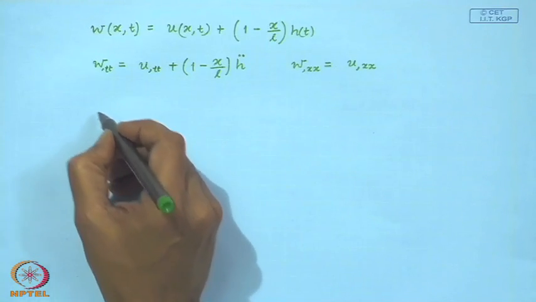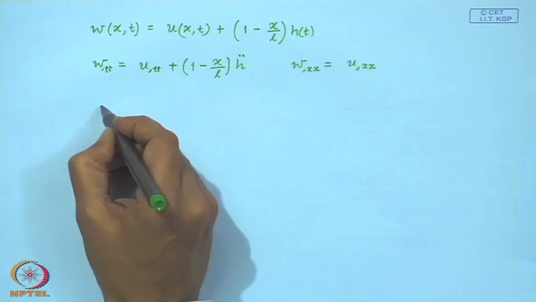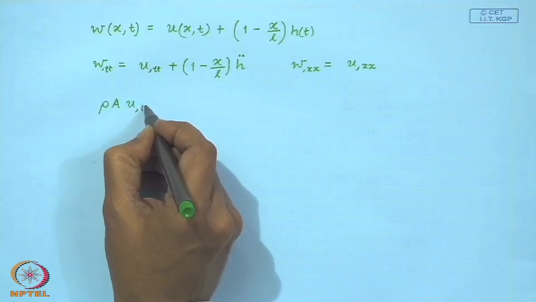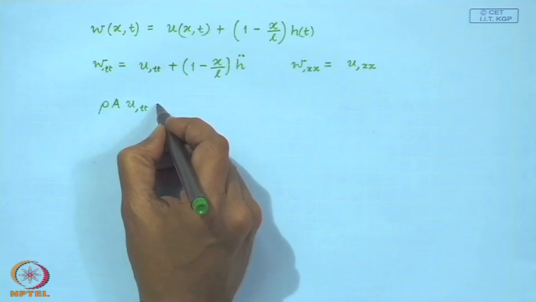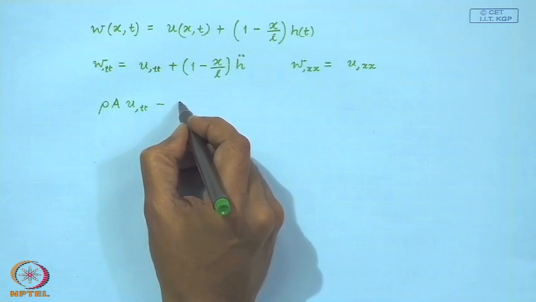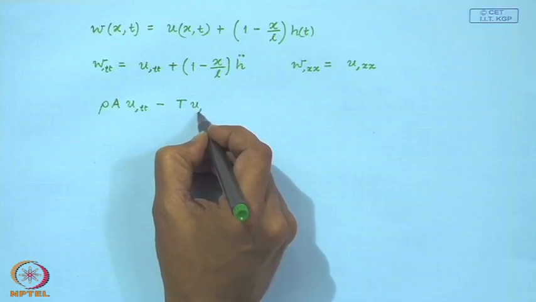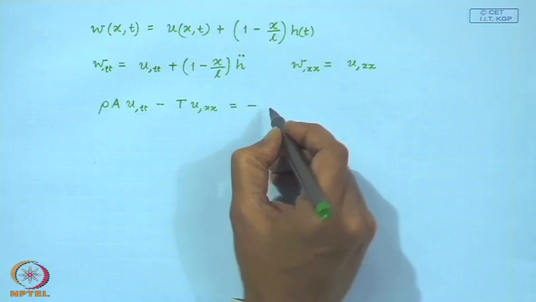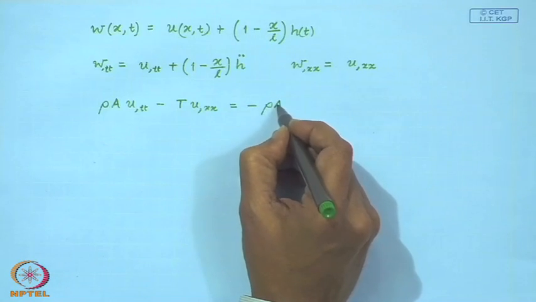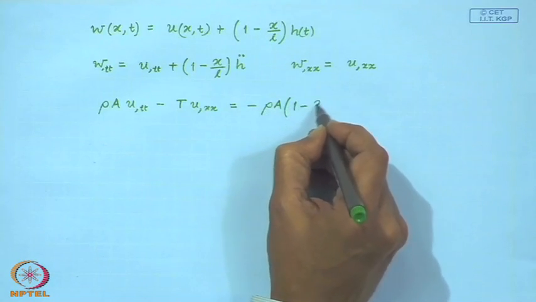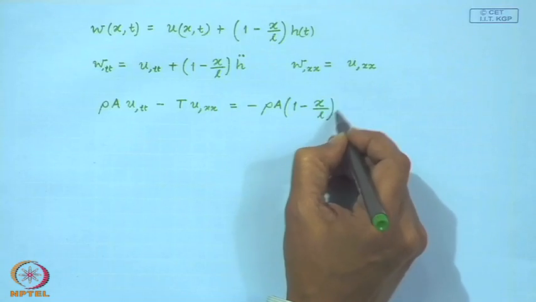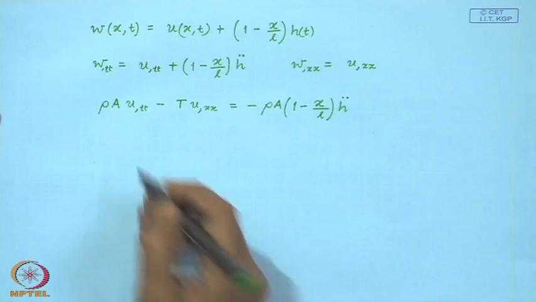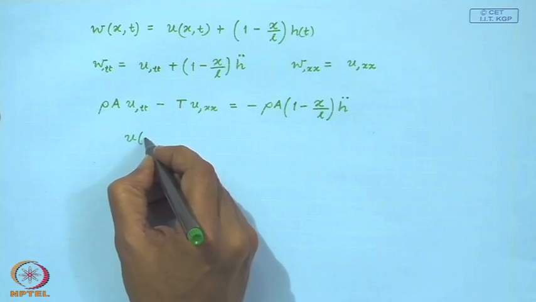So, therefore, our equation with this substitution becomes this, along with the boundary conditions.